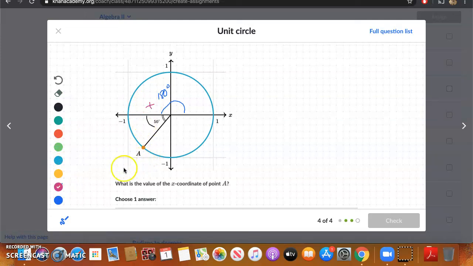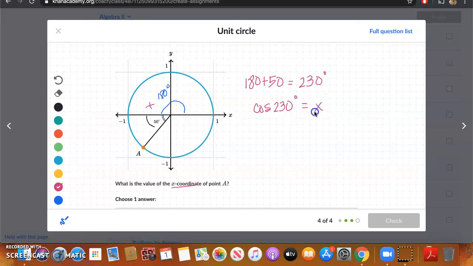180 plus 50 gives us 230 degrees, and they want the x-coordinate, so the x-coordinate is cosine. So cosine of 230 degrees is our x-coordinate.